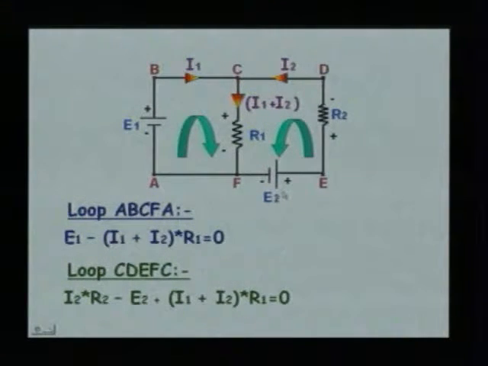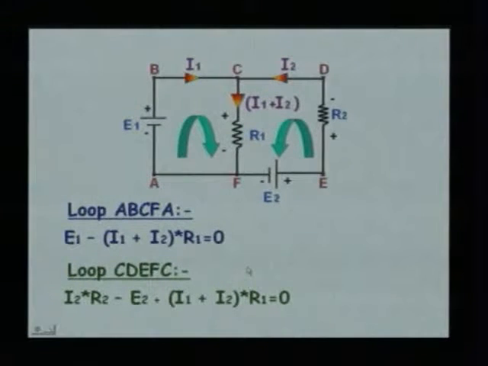From E to F, we are moving from positive to negative, which is a fall in potential, indicated as minus E2. From F to C we have got a rise in potential, isn't it? We are moving from negative towards positive. So, we have got plus (I1 plus I2) into R1.